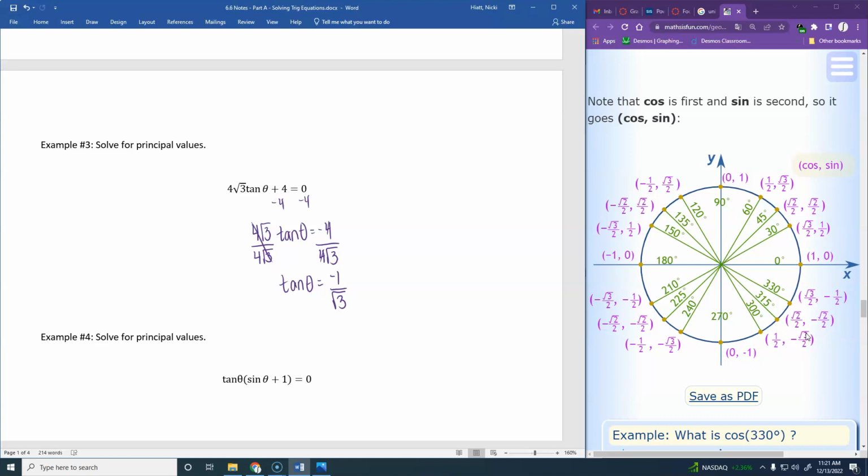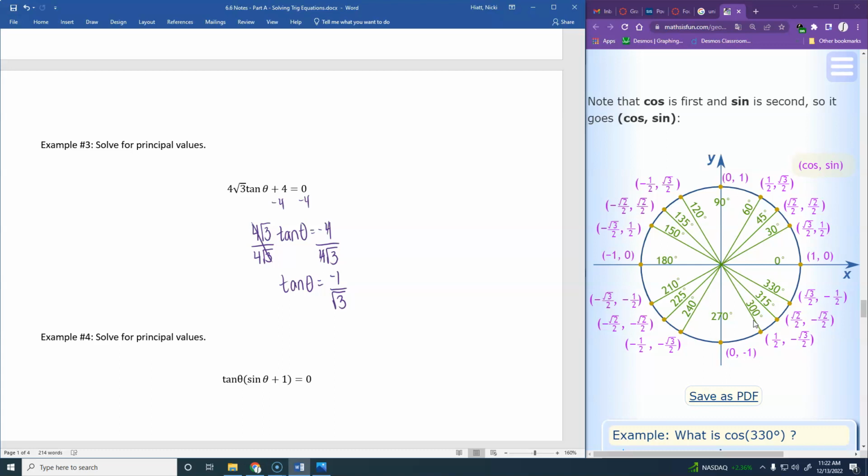And I don't know which one it is because tangent's not listed, but I could narrow it down, right? Because it's going to be sine over cosine, and my answer has a square root of 3. So what does that narrow it down to? 330 and 300, right? Which I would call negative 30 and negative 60 for here.